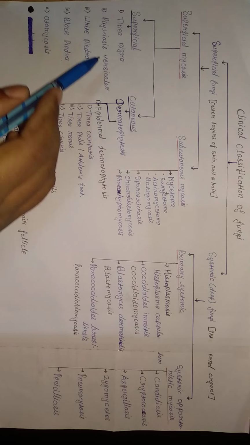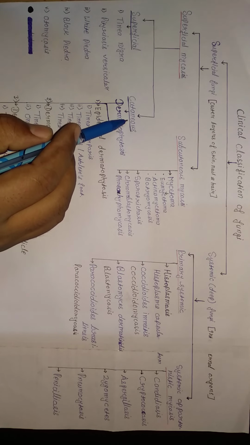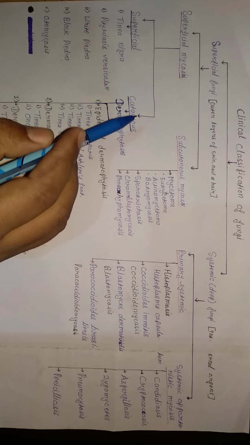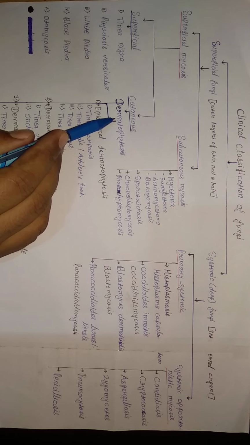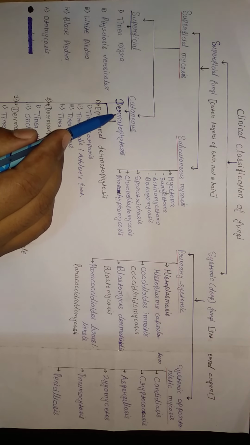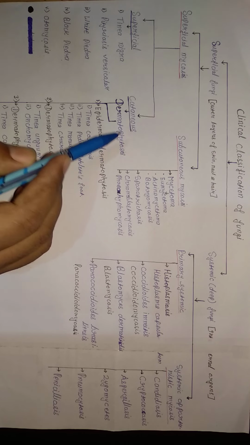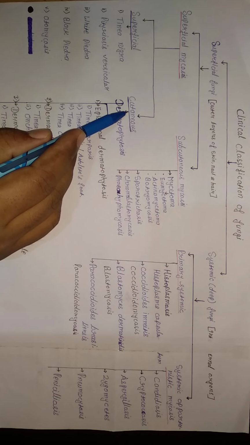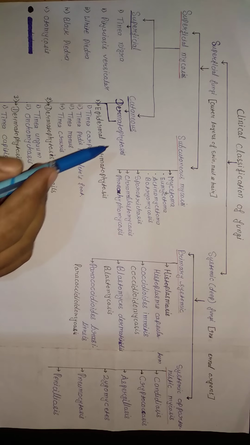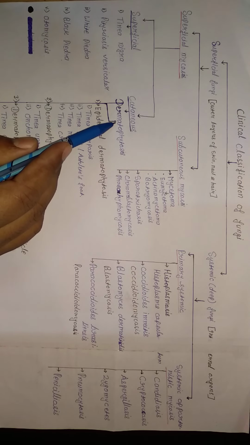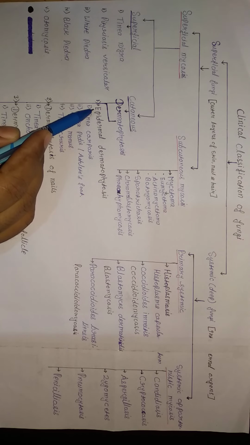So guys, now I am going to shift to the other type, the cutaneous. The cutaneous mycosis is caused by dermatophytes. It is divided into dermatophytosis, and dermatophytosis is again subdivided into three types.